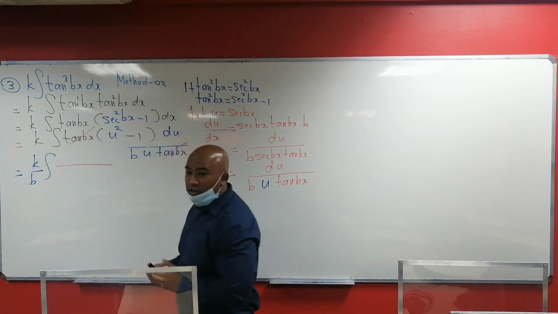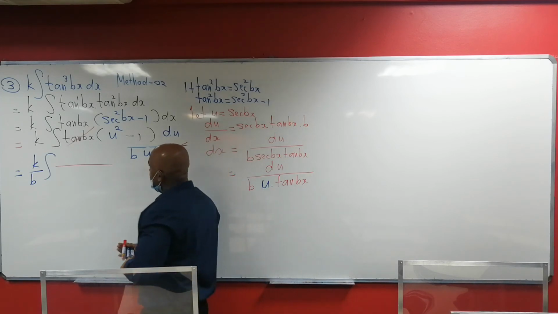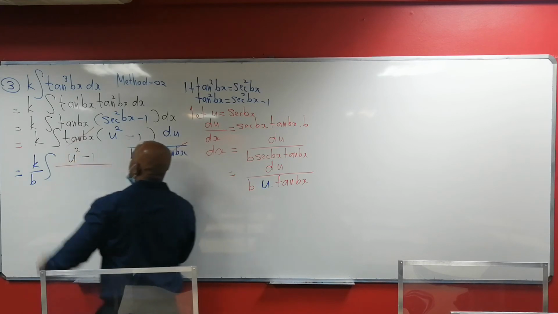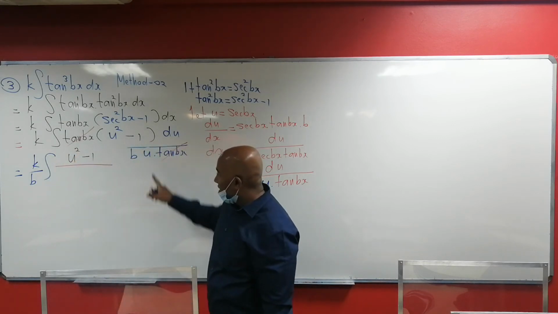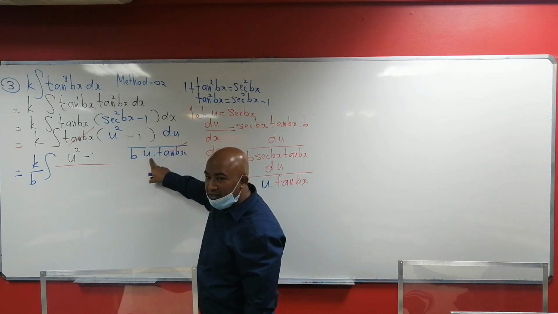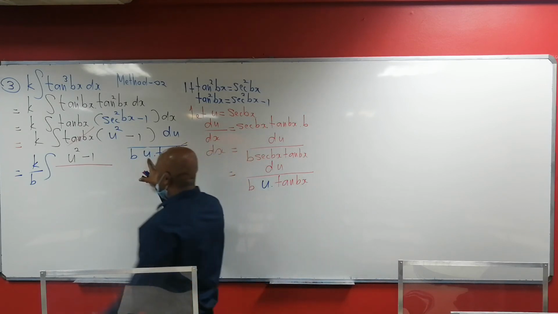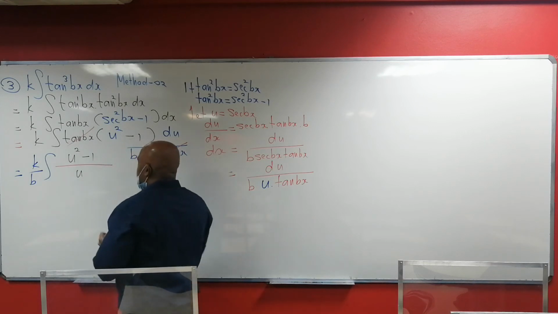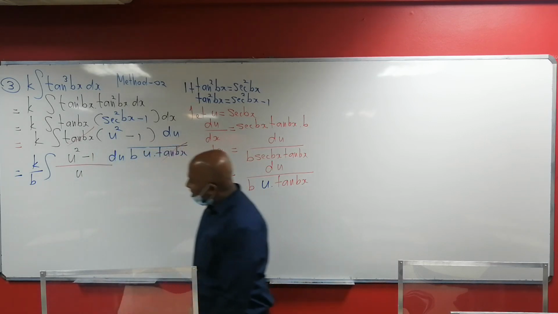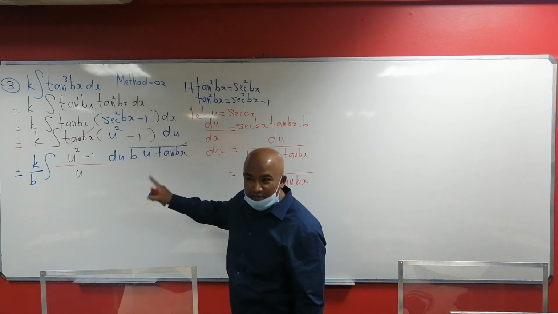What remains in the numerator is these two terms, u squared minus 1. But that's not the only thing that remains. What else remains here? u in the denominator. So there's my u in the denominator. And now we are integrating with respect to u. So we can simplify this further now.